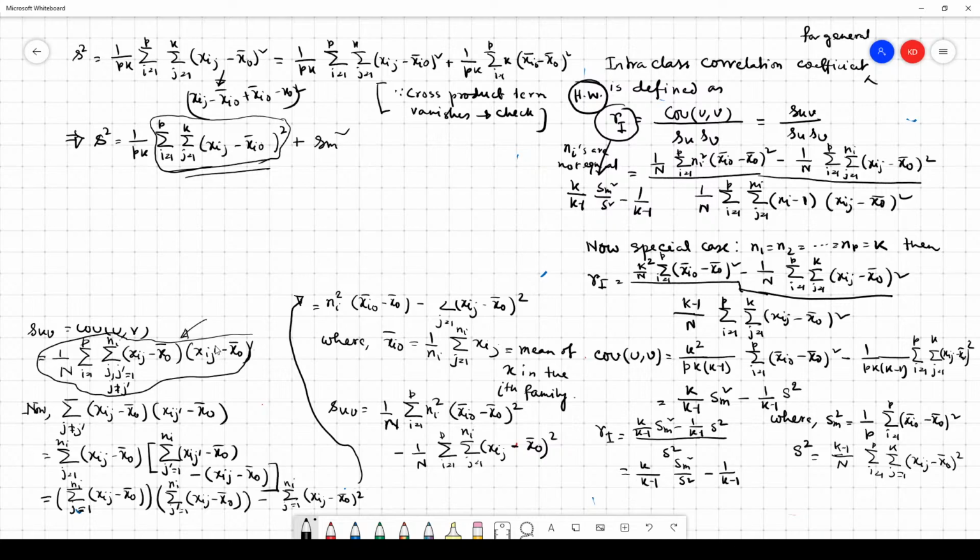So for this reason we write this part as Sw square plus Sm square. So Sw square equals 1 by pk sum over i from 1 to p, j from 1 to k, xij minus xi naught bar whole square.